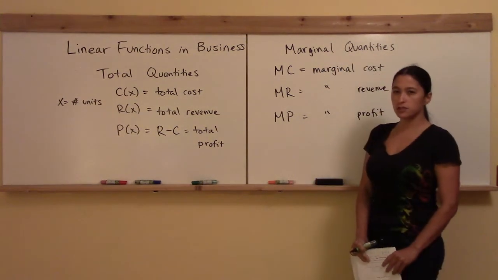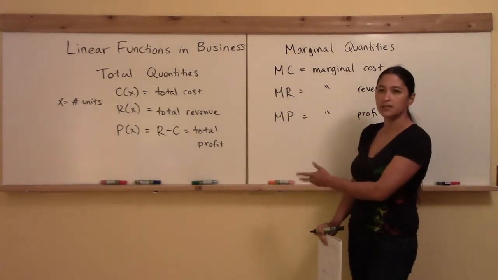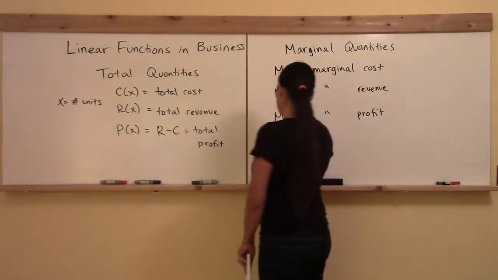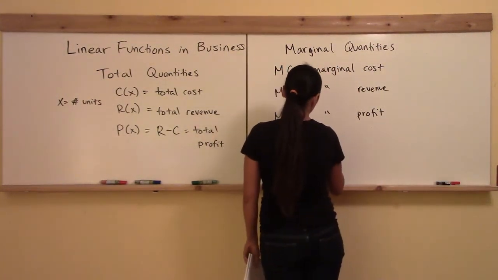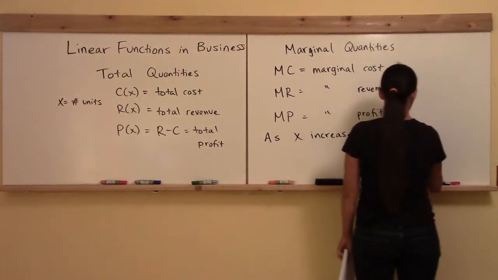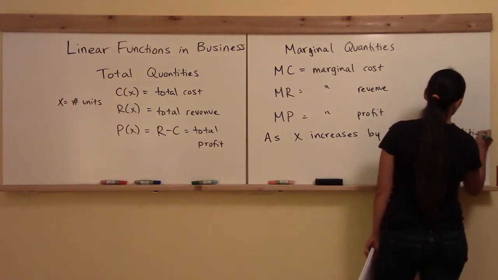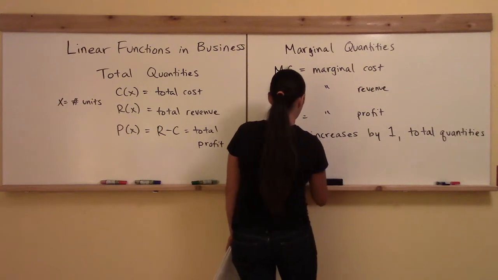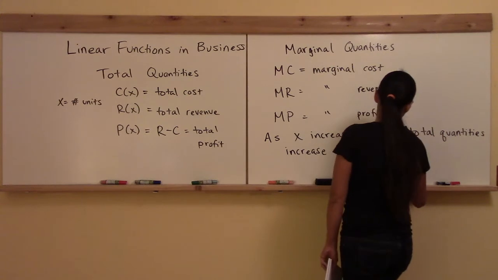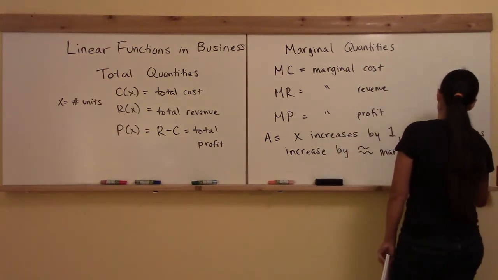The word marginal here refers to the change in the total quantities as we increase our number of units by 1. So that is to say, as x increases by 1, the total quantities increase by approximately their corresponding marginal values at that number of x.